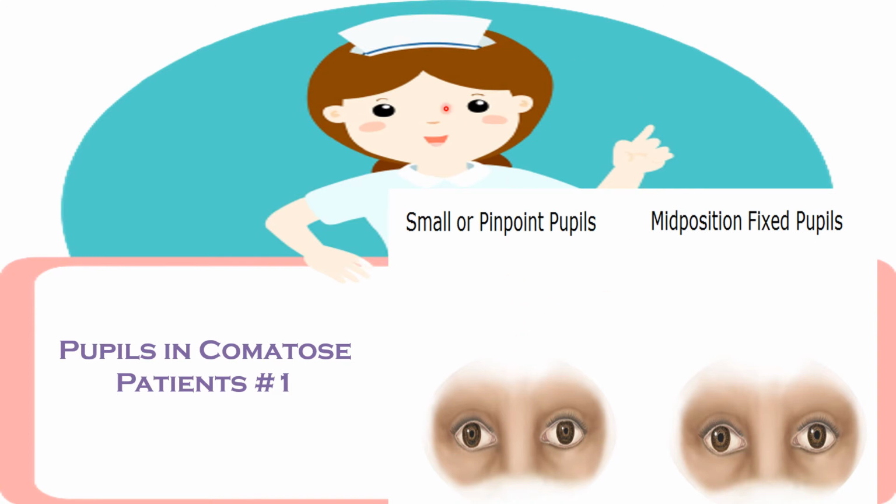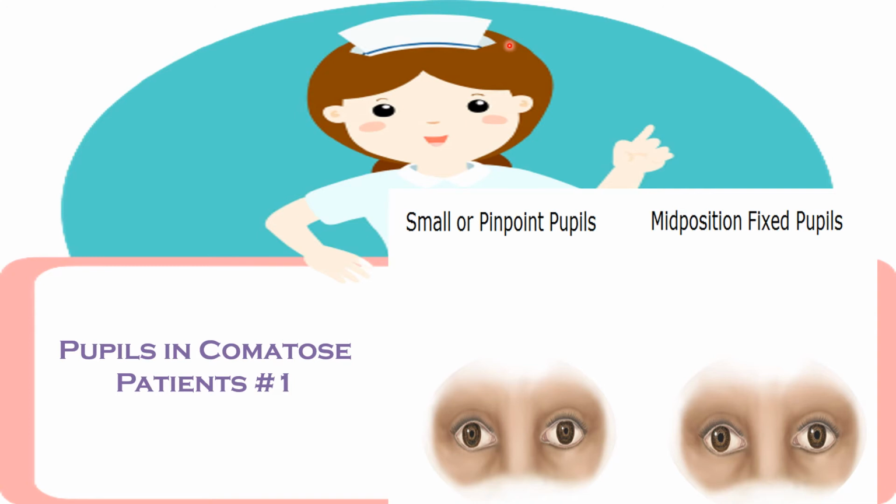So small or pinpoint pupils, or bilaterally small pupils with a size of 1 to 2.5 millimeters, could suggest damage to the sympathetic pathways in the hypothalamus, or metabolic encephalopathy, or a diffuse failure of cerebral function that has many causes, including drugs.